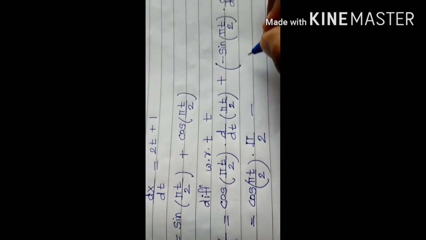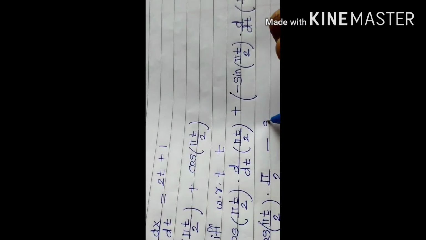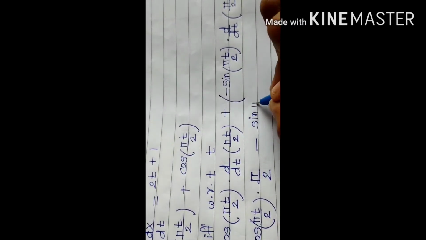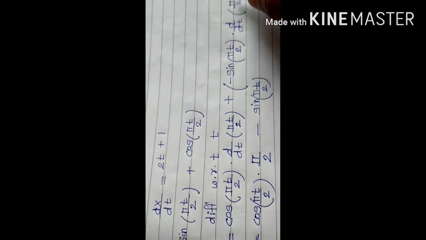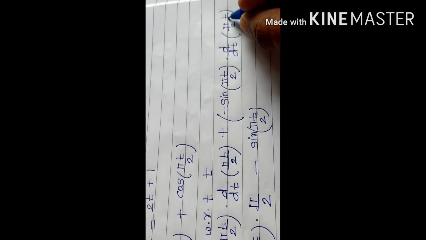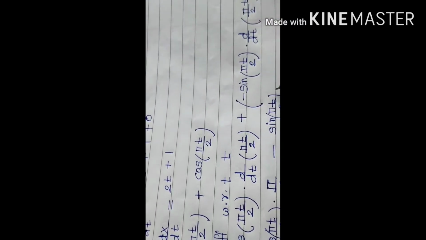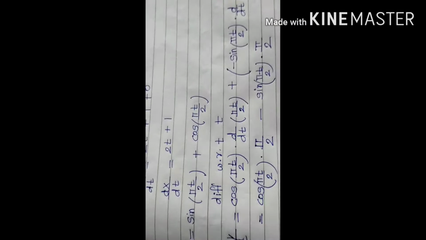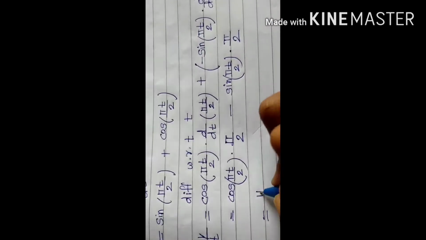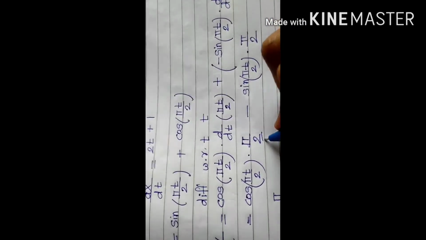Plus minus minus, write it as it is sin, and the derivative of t is 1 and pi by 2 is constant, so write pi by 2. Now take pi by 2 common, so you get pi by 2.